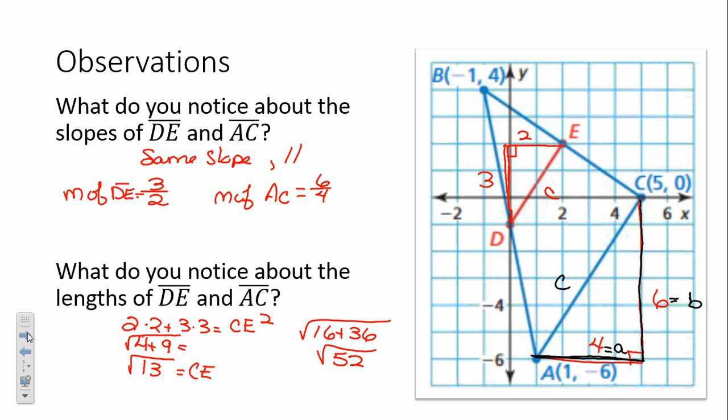What's the square root of 52? There's a perfect square in it. There's a 4 in it. Divide 52 by 4. What do you get? Nope. 52 divided by 2 is 26. 26 divided by 2 is 13.